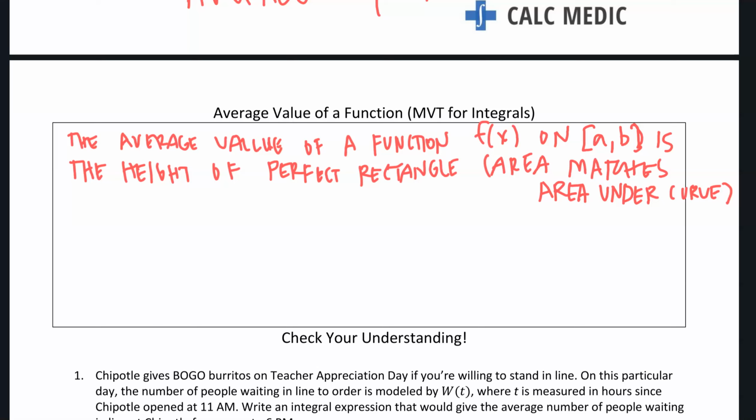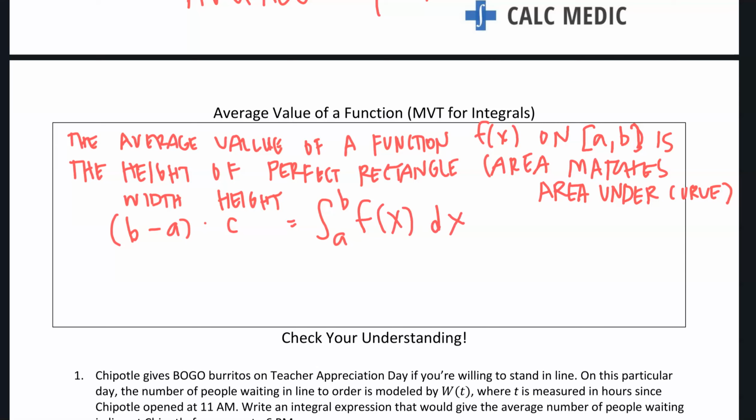Okay, so it's going to be your width of the rectangle, and then times your c, which is your height. So that can be found. It's going to equal the exact area underneath the curve.